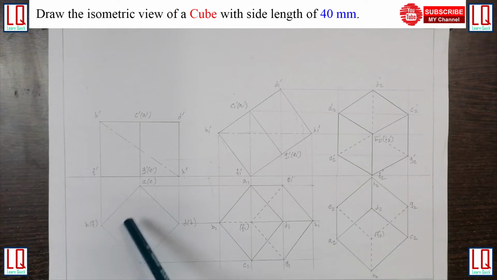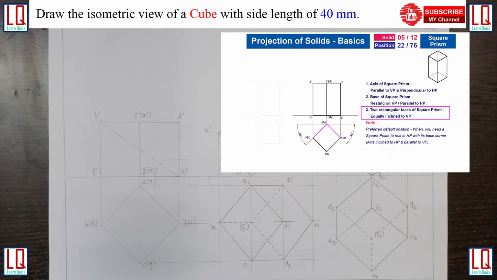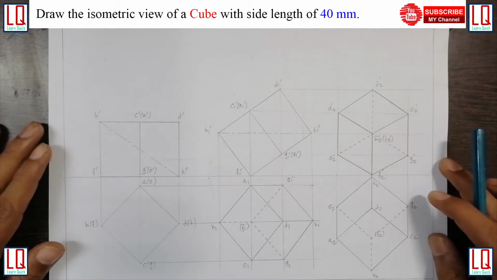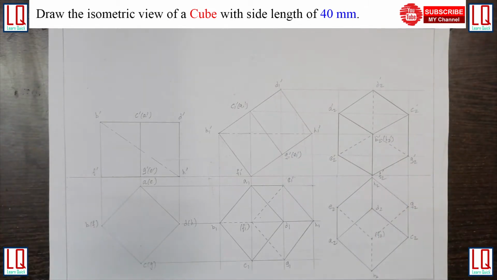Here I have the solid. This is of solid type 5 and question number 22 in my previous video lecture. The objective of this drawing is to reveal more sides, that is 3 sides of the cube.